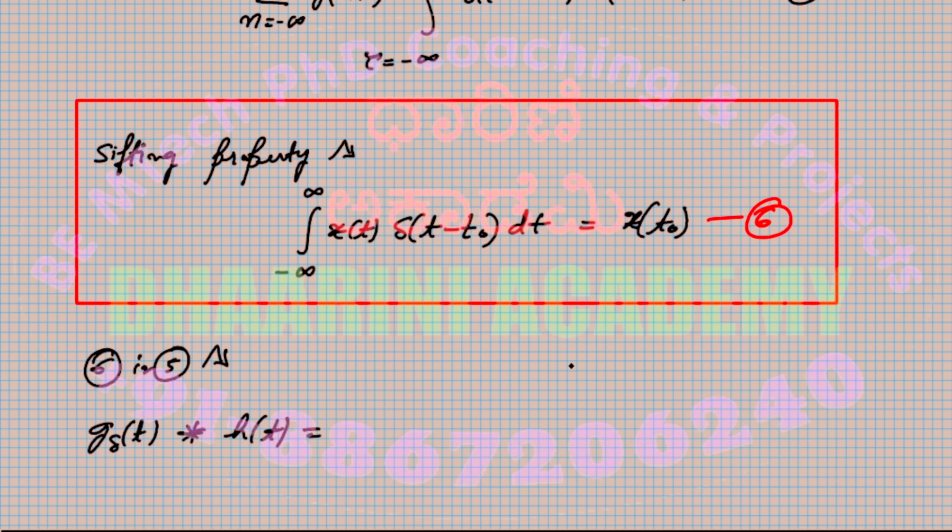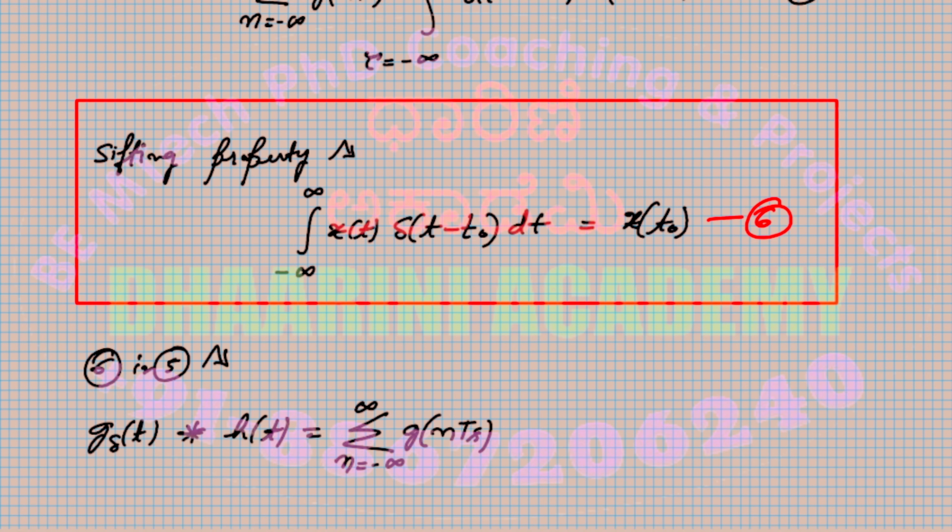On the right hand side, you can see there is a summation which remains as it is, from n equal to minus infinity to plus infinity of g of n ts. This is fine for us. Now you see what happens. Where is the h of t minus tau going to be present? It's going to be present where the delta function exists. The value will be like that, correct?